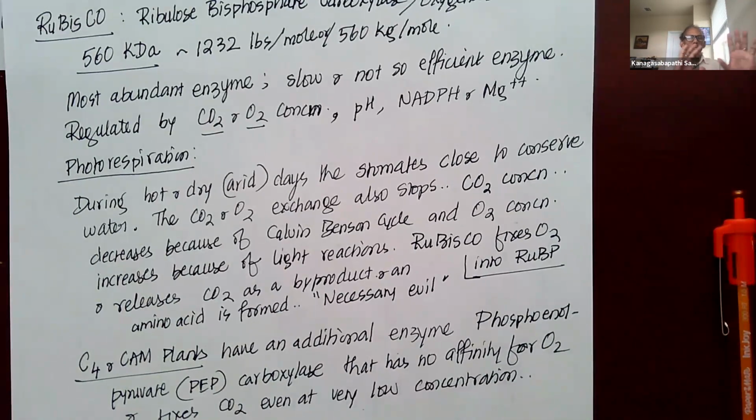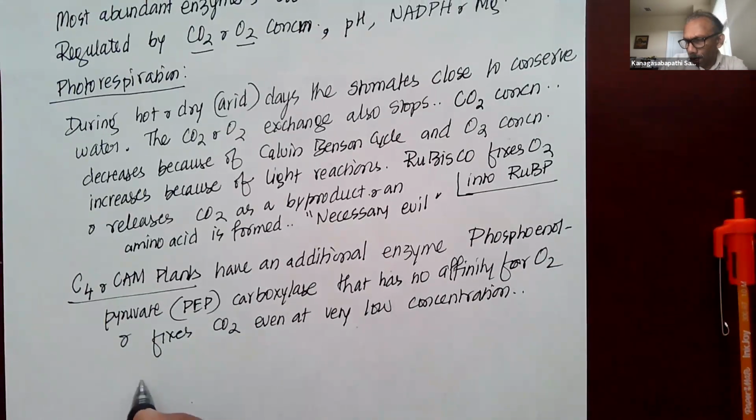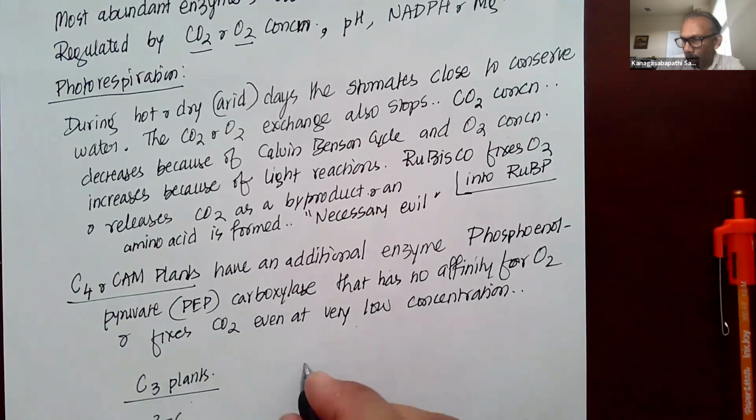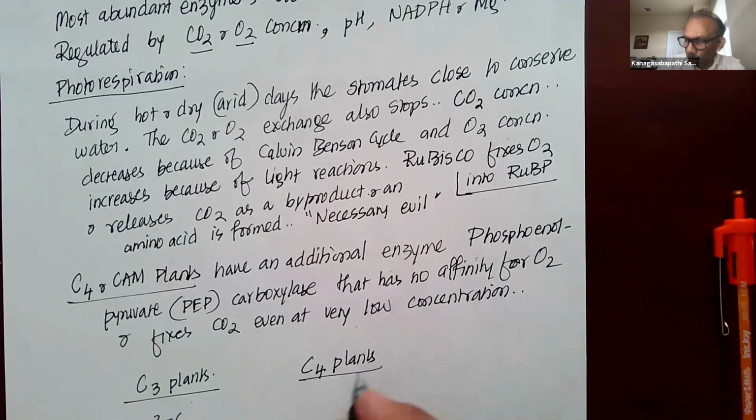There are variations between C4 and CAM plants, and I'm going to go through a comparison of all these. The reason C3 plants are called C3 is because the first carbon molecule that's made is a 3-carbon molecule, whereas in C4 plants it is a 4-carbon molecule.